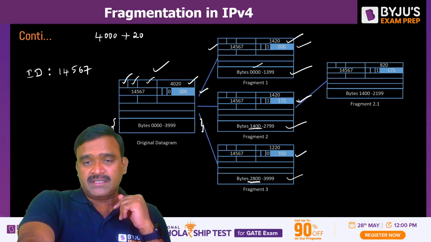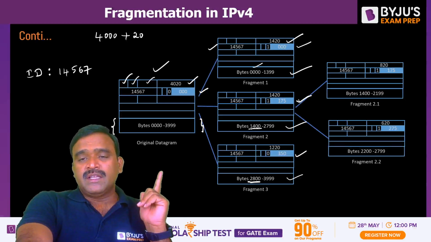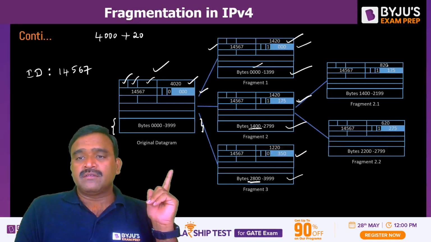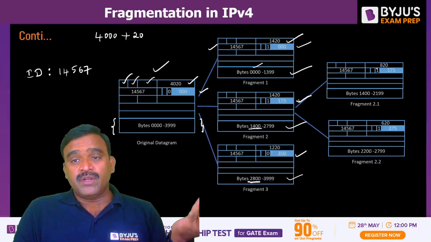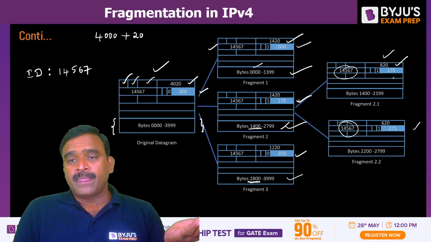Here this is the case: the second fragment is further divided into two more fragments. It is passed through a different network whose MTU is 820. So out of these 1400 bytes of data, 800 go in the first fragment and 600 in the second. For both of them, 20 bytes are added, and the ID remains the same even for the fragments of a fragment. And here, why 175?